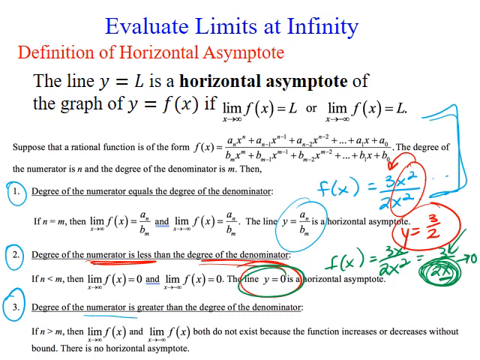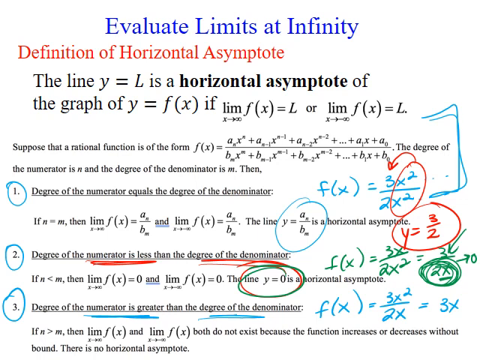Finally, if the degree of the numerator is bigger than the degree of the denominator, for example, if f of x is equal to 3x squared over 2x, if I reduce this, it just becomes 3x. Well, here, there is no restriction on what we plug in for x, and the output is absolutely anything.